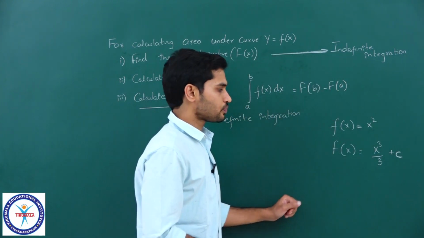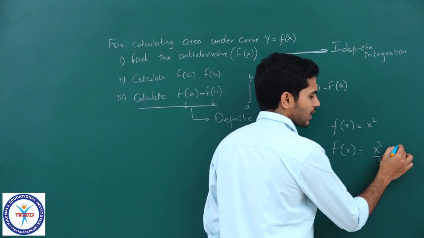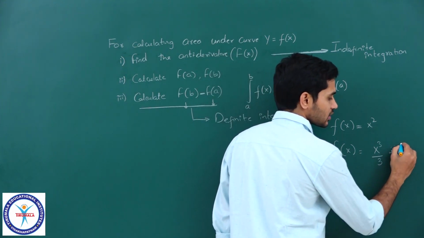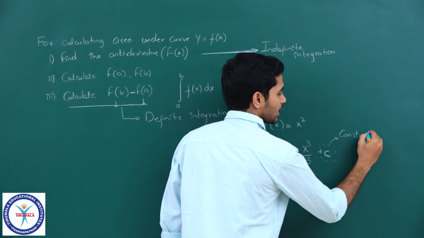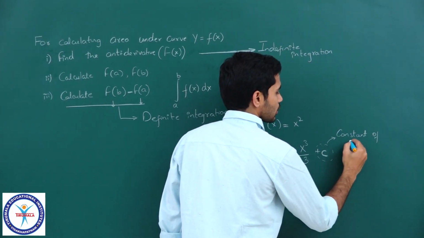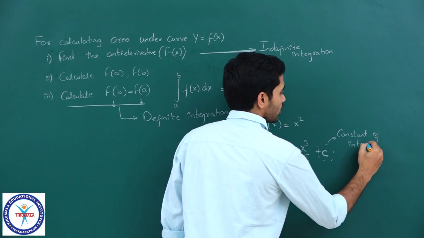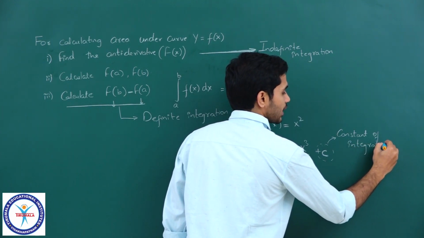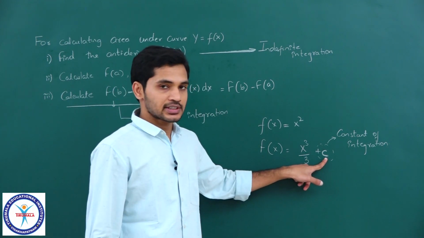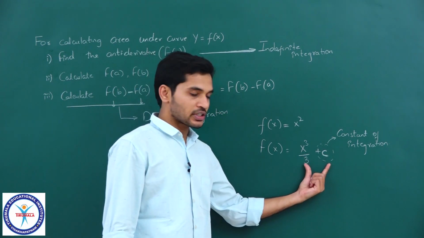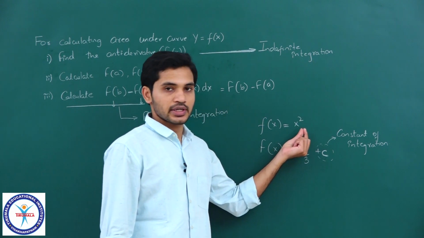So in this particular scenario we are adding this, why are we adding this constant? So this is called as constant of integration. So we have also discussed why we should add that term, because whatever the value of this constant is, when I differentiate this function, I will be getting the same expression, correct.